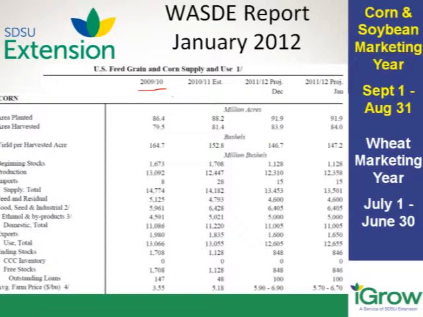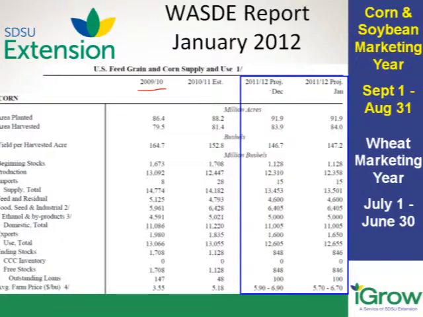But when you're looking at these marketing years, the 2009-2010 numbers aren't being revised anymore, but the 2010-2011 marketing year that essentially ended August 31st, 2011, has ended, but those numbers are still being revised based on actual use numbers that are still being calculated.